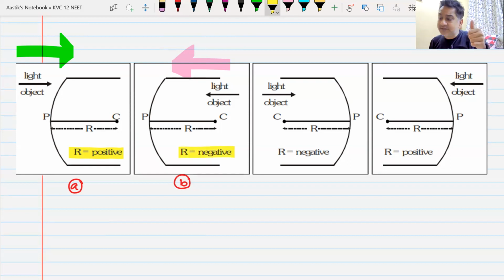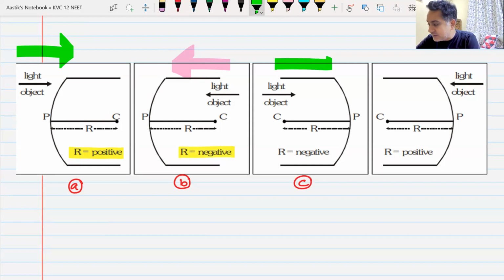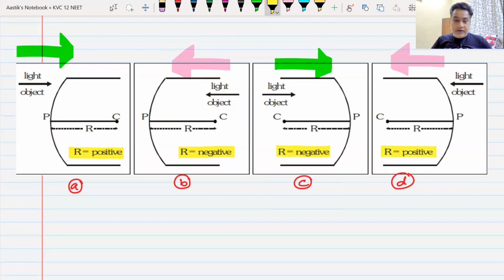Everyone is understanding this? Yes, sir. Look at the third case, C. Here again, the light is coming from the left hand side. So in this case, your R turns out to be negative. You don't have to draw everything; it is just for your understanding. In the fourth case, D, light is coming from the right hand side and your R becomes positive. Do we understand this? Yes or no?